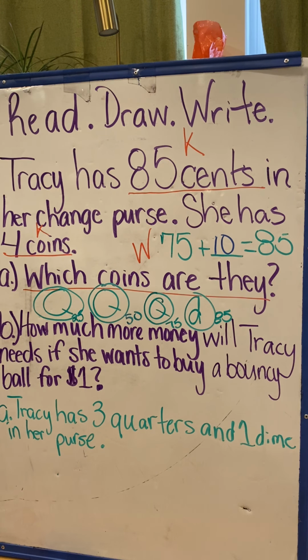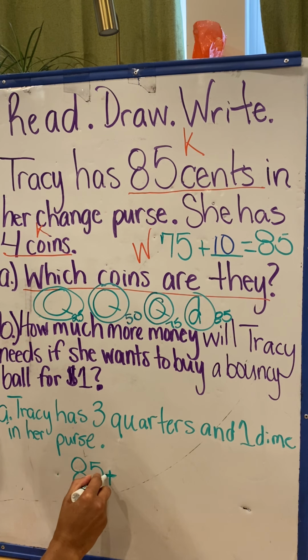How much more money will Tracy need if she wants to buy a bouncy ball for $1? Can we write a number sentence to help us solve part B? Yes, we can. So we know so far that Tracy has 85 cents. We know that we're going to need to add some more coins, which is why I put the plus sign.